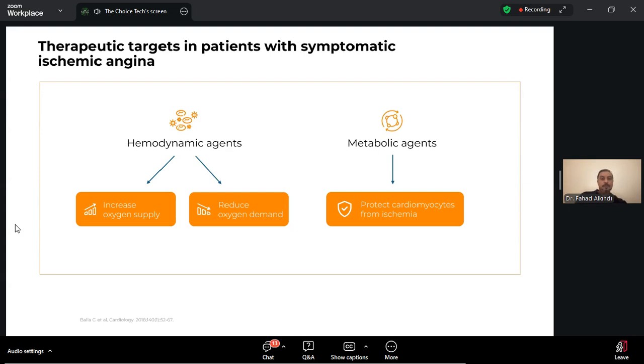So if we go back to our patient, this patient was started on ivabradine, which gives the hemodynamic effect by increasing the oxygen supply and reducing the oxygen demand.